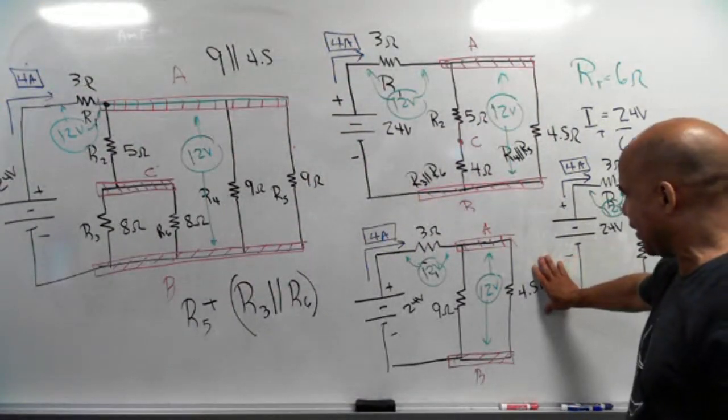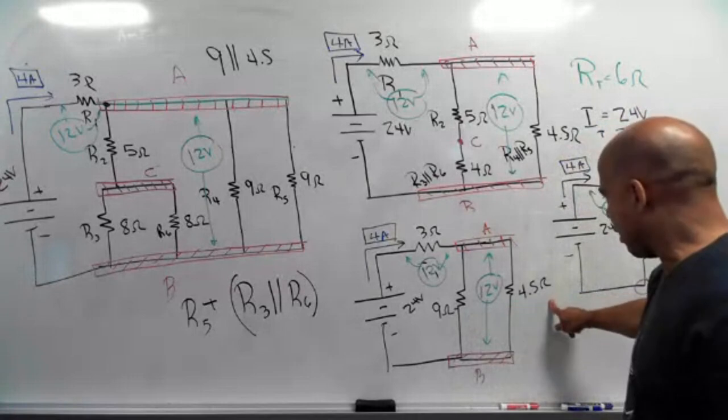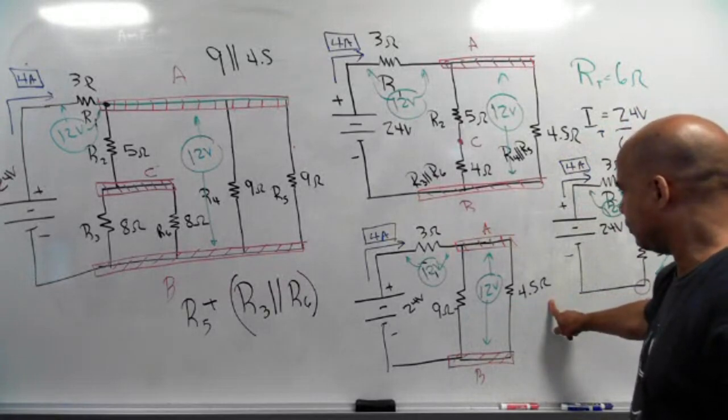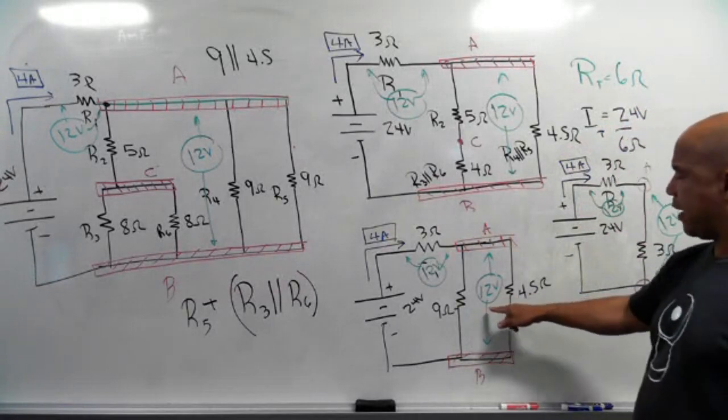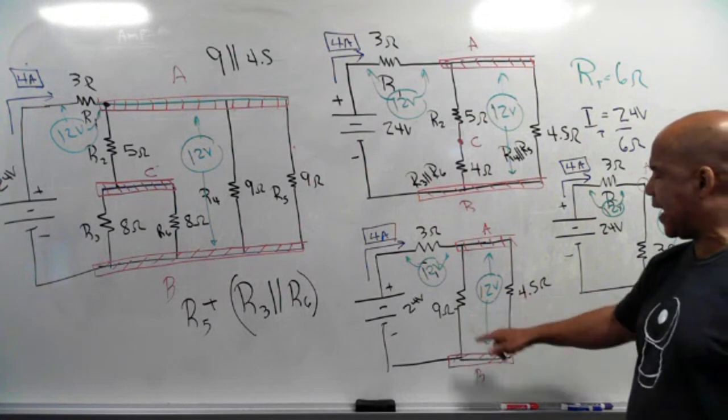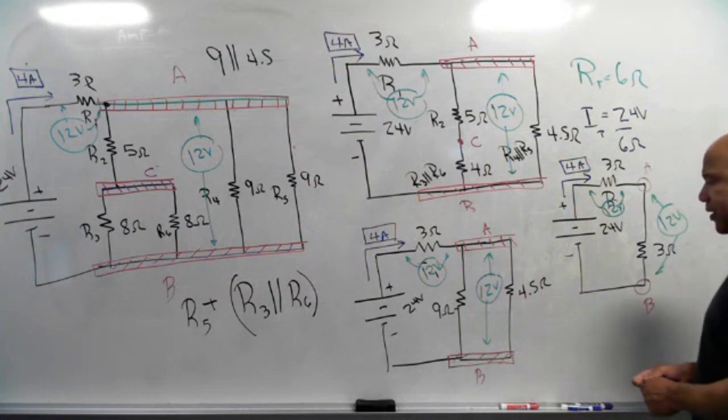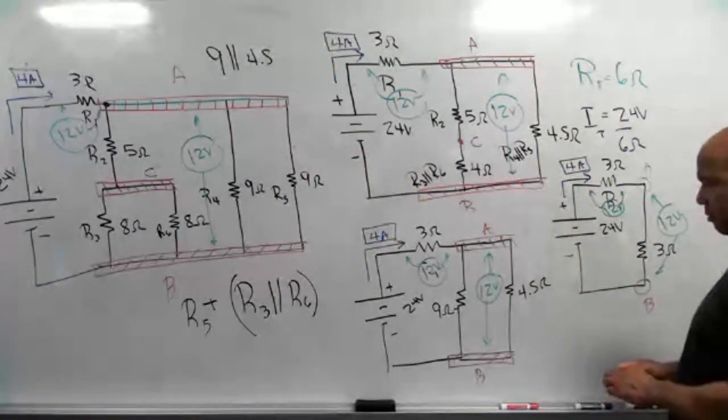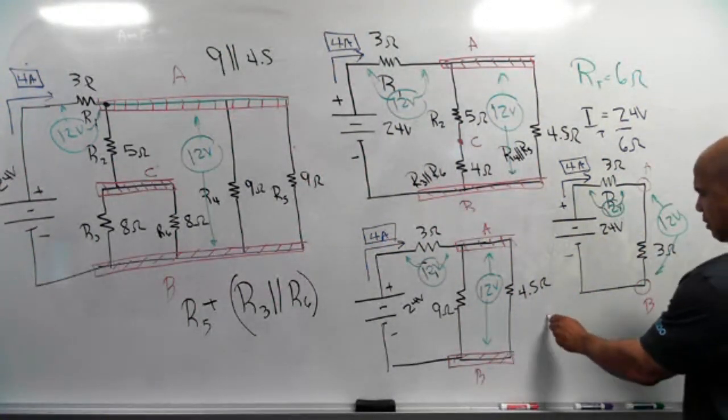And what I'm missing is the current here and the current here. To get the current here, I got 12 volts divided by 9. Anybody know what that is? What's 12 divided by 9? 1.33 continuing.